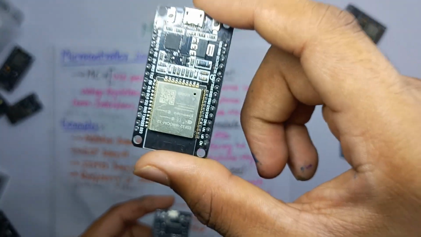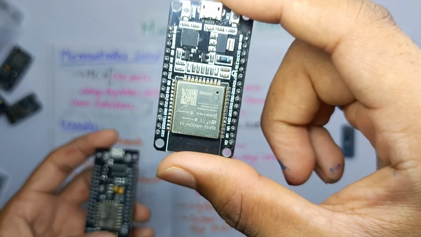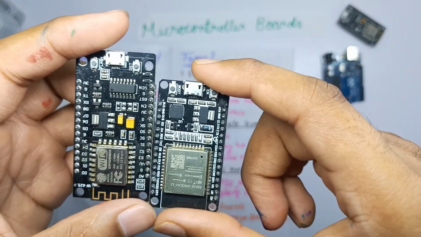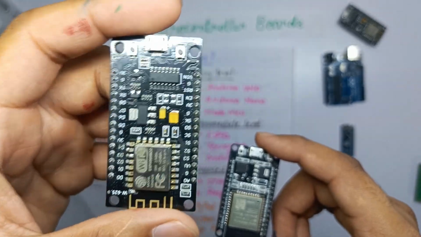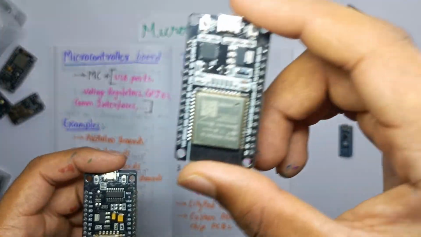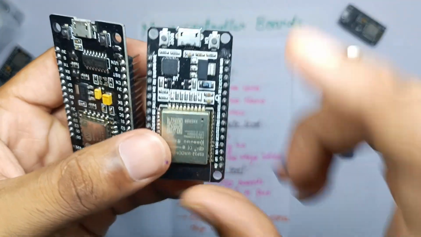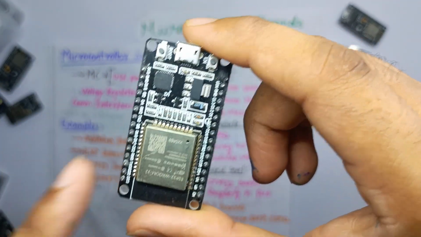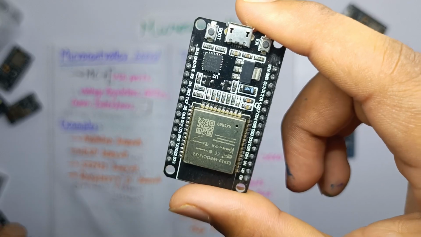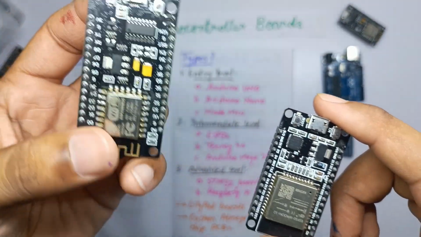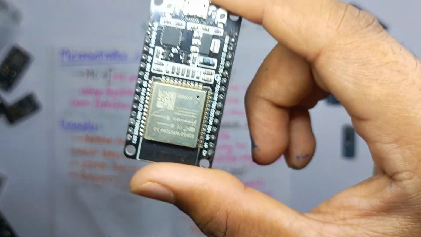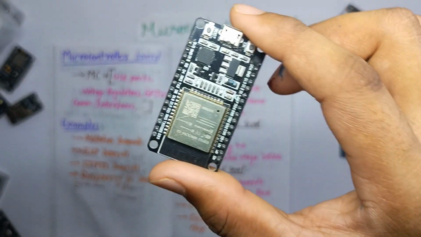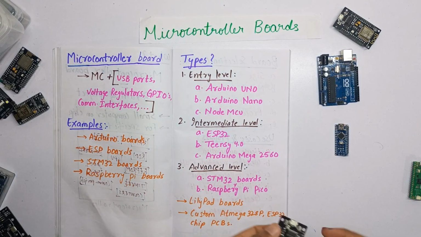That means this is the updated one, which has more processing power, more speed, and also more functionalities compared to this board. But comparatively, this board is cheaper than this one. The additional functionality in ESP32 is support for Bluetooth communication. This does not have Bluetooth but only Wi-Fi. This has both Wi-Fi and Bluetooth communication. And this is ESP32 and this is ESP8266.